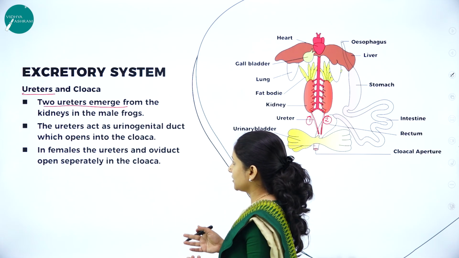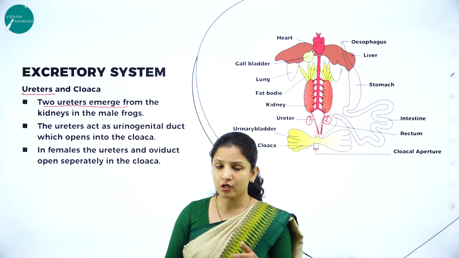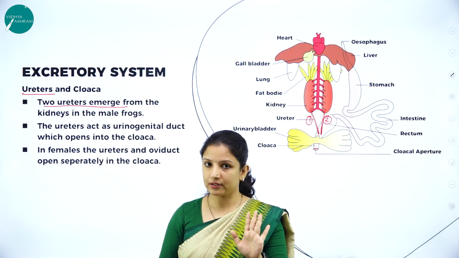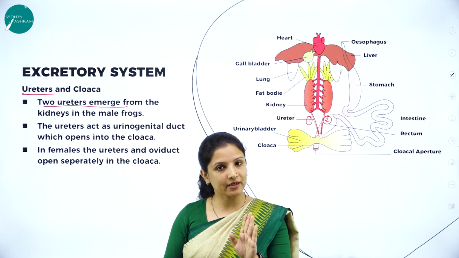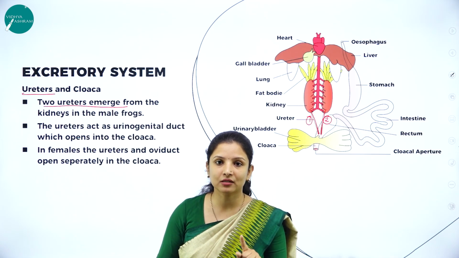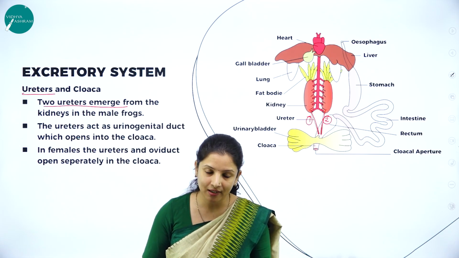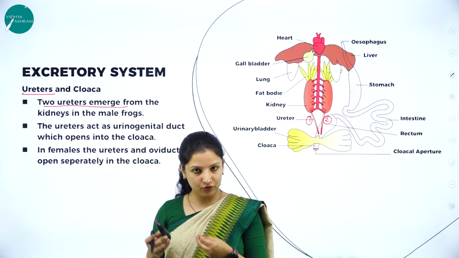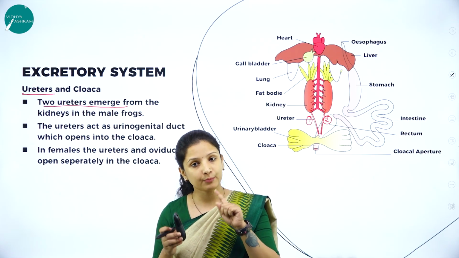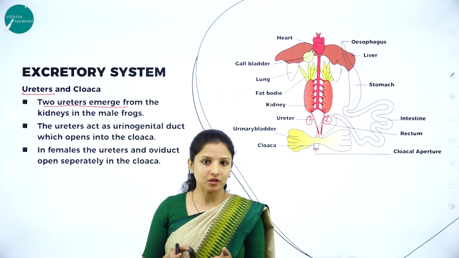These ureters have one more particular function in the case of the male frog. Both the male and the female frog have kidneys to which the ureters are connected. But it is in the male frog that the ureter functions as a urinary tract, allowing the passage of urine into the cloaca, and it also performs one more function, wherein it carries the sperm to the cloaca.